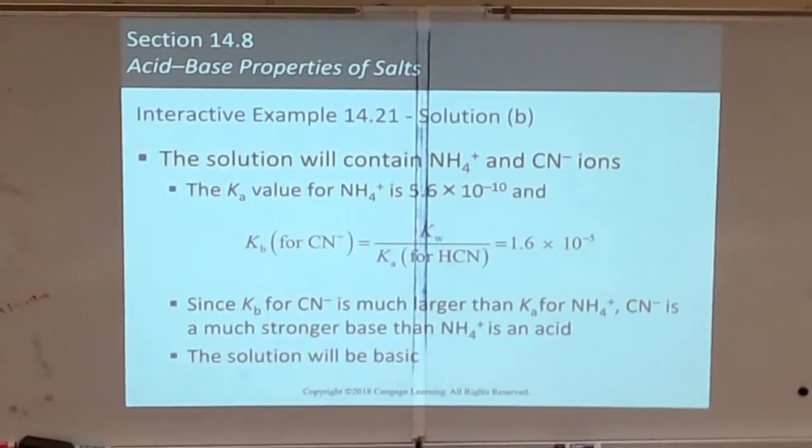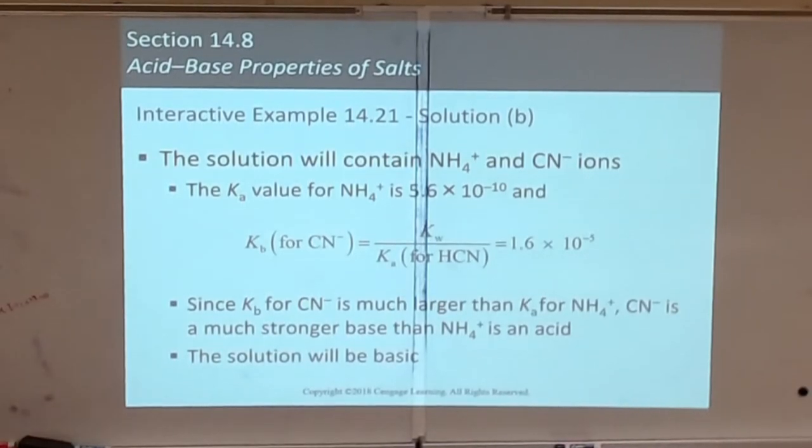The Kb for CN is much larger than the Ka for ammonium. That's going to be a stronger base, so the solution is going to be basic. Good? Makes sense, guys? Just compare the numbers to each other.